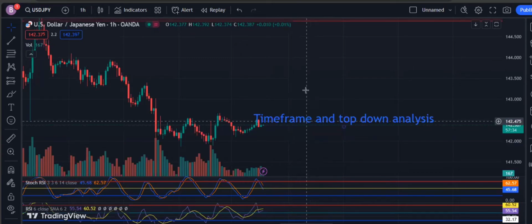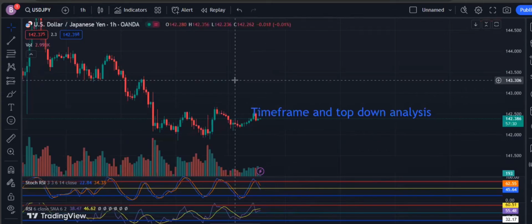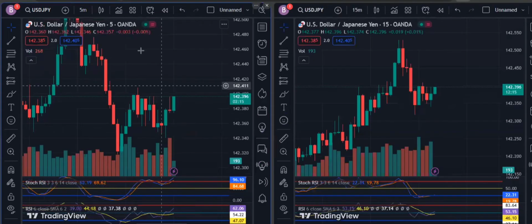Time frame is about having views, or eyes, on the market from different angles, from different directions, from different perspectives, right? So you don't have just a 5-minute candle or 5-minute chart.